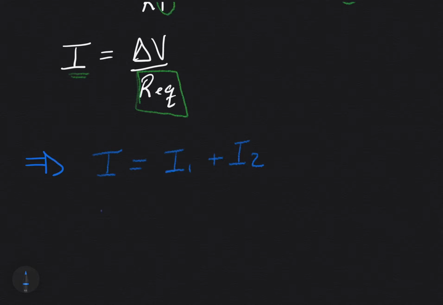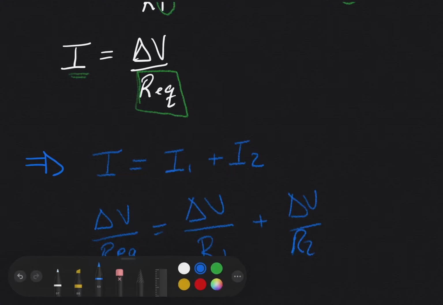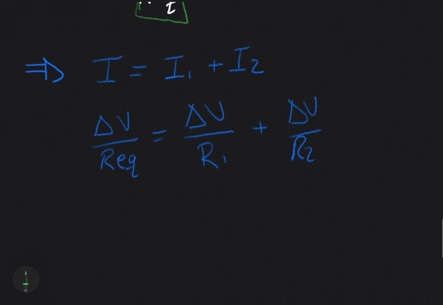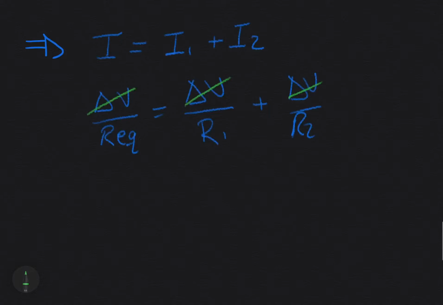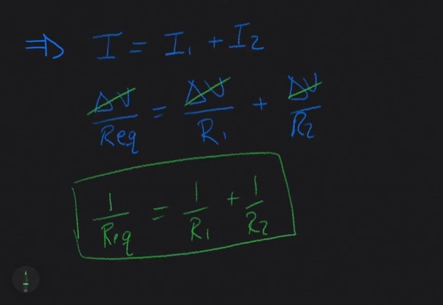So I have delta V over R equivalent is equal to delta V over R1 plus delta V over R2. As you can probably guess, my delta V's cancel, and that's where we get our known equation: 1 over R equivalent is equal to 1 over R1 plus 1 over R2. So that's a quick overview of resistors in series and parallel.